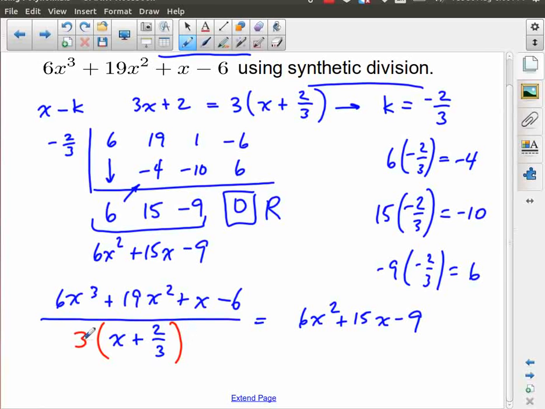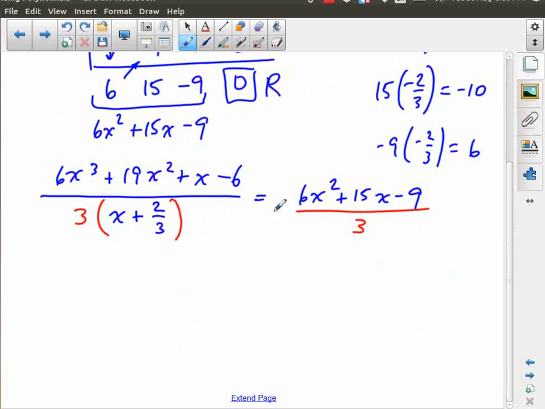So in order to introduce that divided by 3 part, I have to divide both sides by 3. Now in this case, the numbers actually work out nicely. So 6x squared divided by 3 is 2x squared. 15x divided by 3 is 5x. Negative 9 divided by 3 is negative 3.